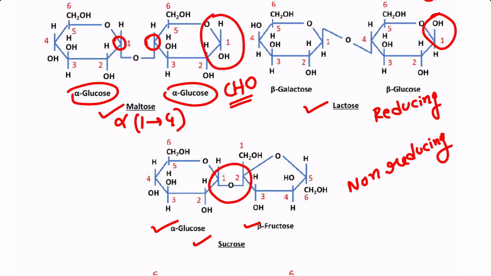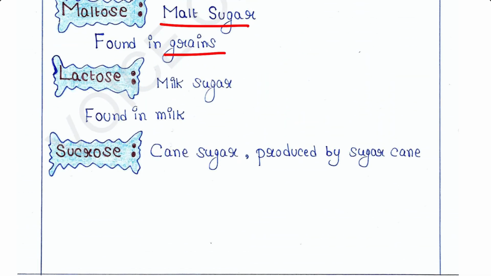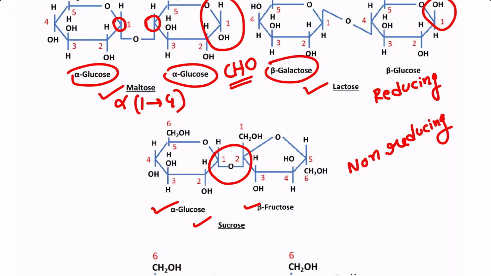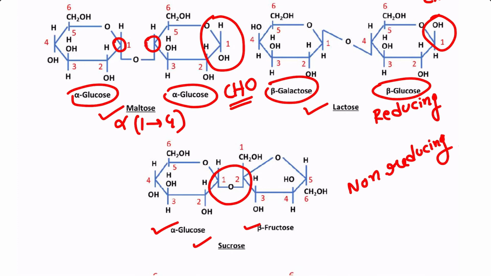Next is lactose. Lactose is also known as milk sugar since it is found in milk. It is composed of beta galactose and beta glucose units held together by a beta 1,4 glycosidic bond.